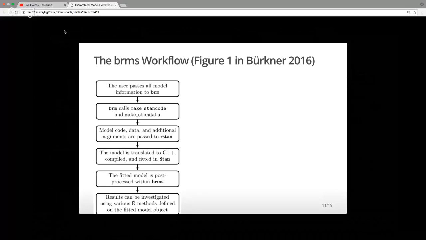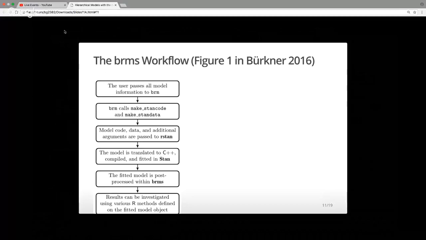The rstan package will translate it into C++, compile it, and then fit the model using Stan. There's a little bit of convenience stuff that is done after the fact in order to associate names with each of the parameters, and then the results are investigated by a human using the R methods that are defined for an object that is produced by the brm function.